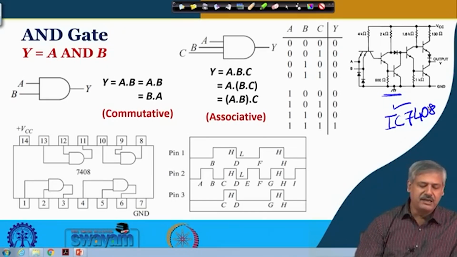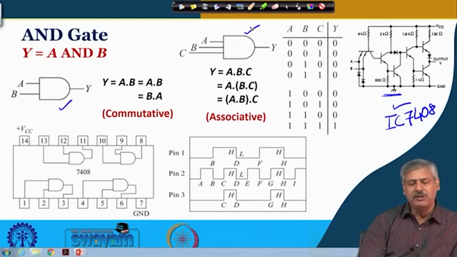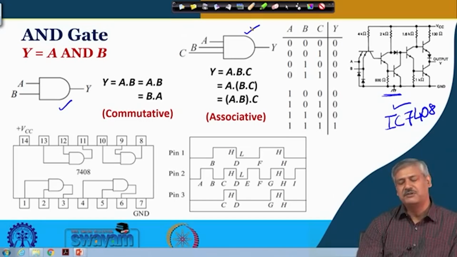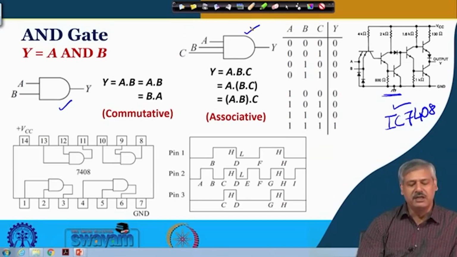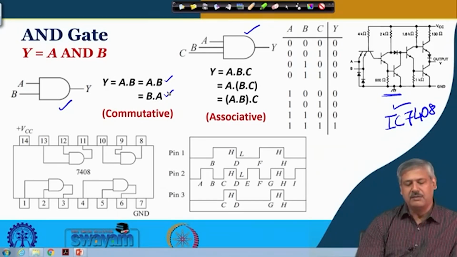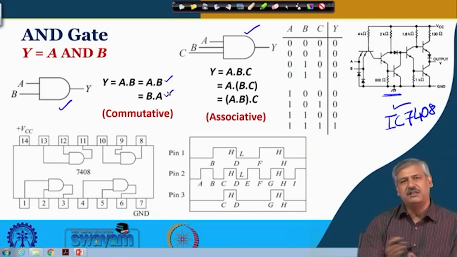So, for a 2 input AND gate, the block diagram, the symbol representation, is like this, and for 3 input it is like this. For 2 inputs, the Boolean representation would look like this: y is equal to a and b. You can also write it in another manner, b and a; if you just change the position of the operands, it does not make a difference.